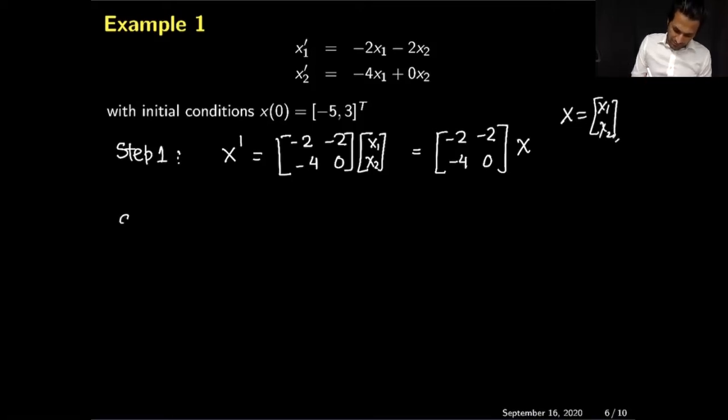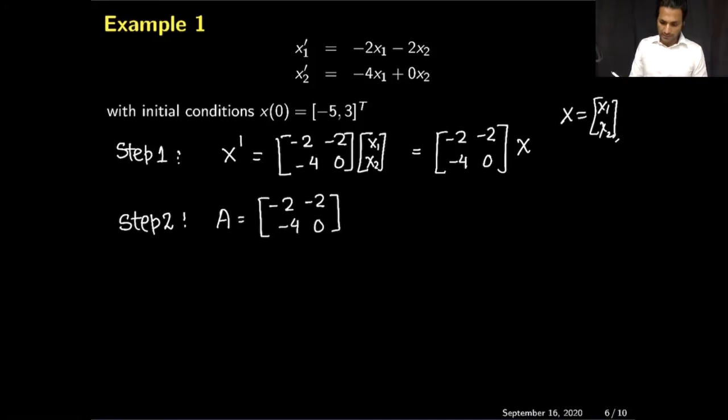In step number 2, we will calculate the eigenvalues and eigenvectors of this matrix A, which is 2, -2, -4, 0. To compute the eigenvalues, you compute the determinant of A minus lambda I and set that equal to 0.